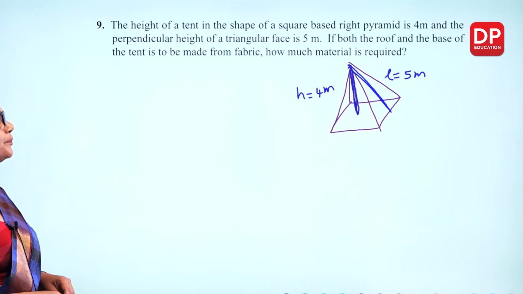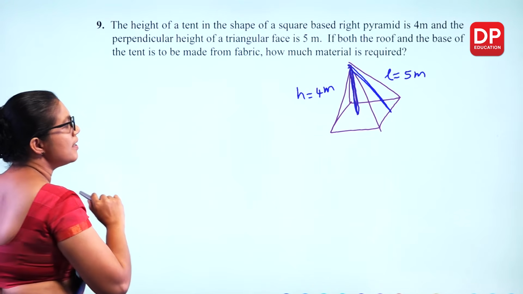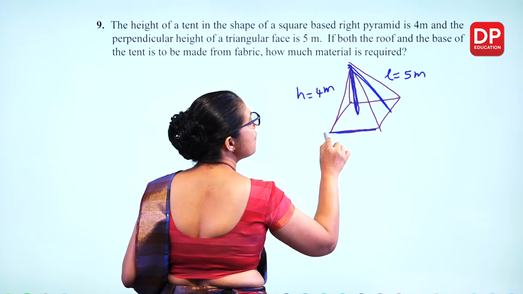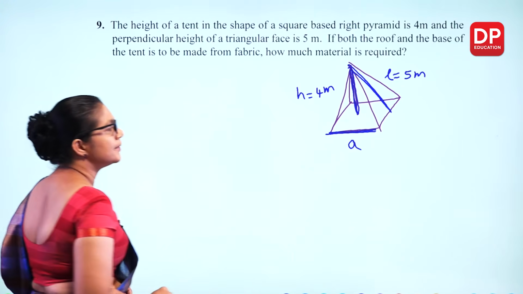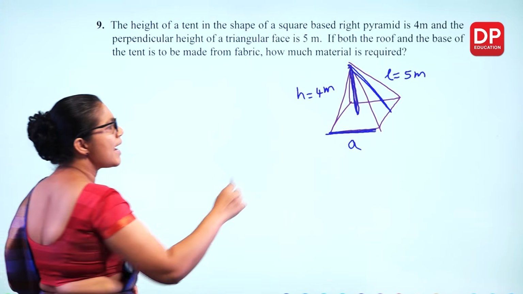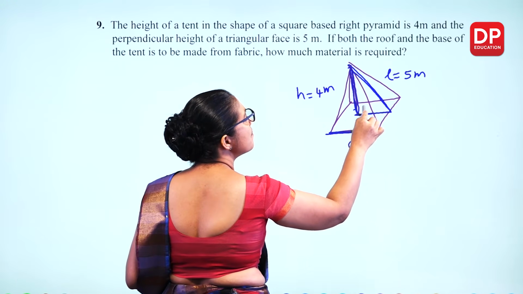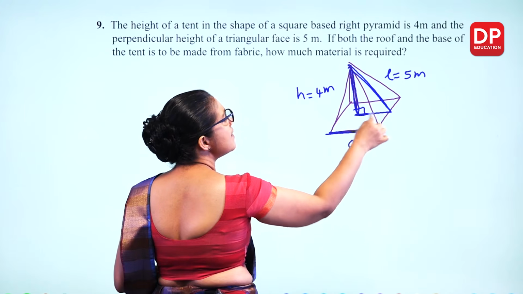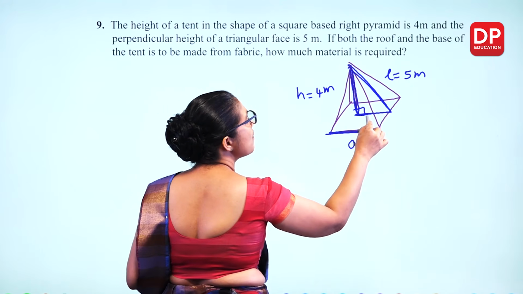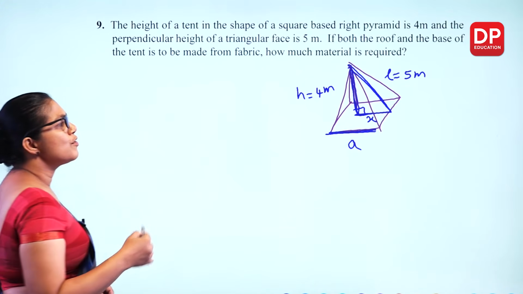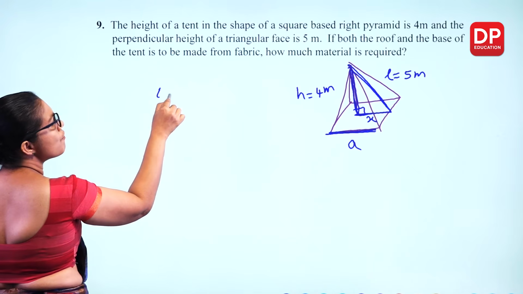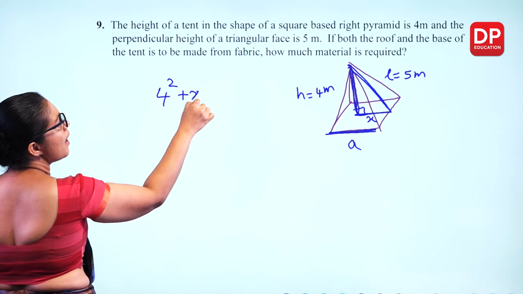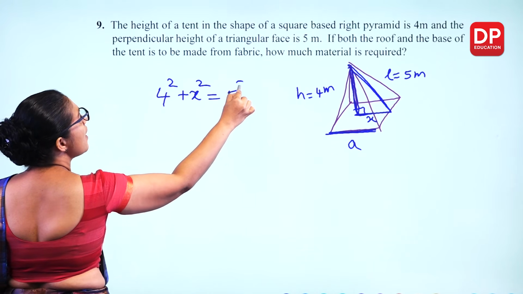In this case, you are given h and L and you are asked to find out the total surface area. So here, first we can find out the base length. How can we find out? We can use Pythagoras theorem to find out base length. So if this is A, this should be A over 2. I'll put X for this length and use Pythagoras theorem. 4 squared plus X squared is equal to 5 squared.